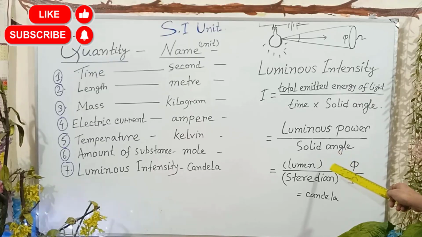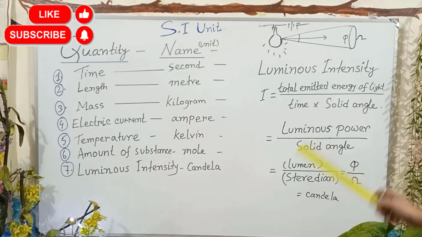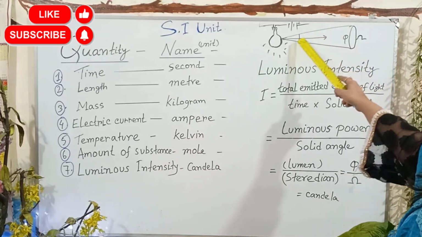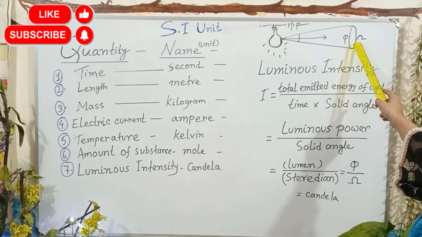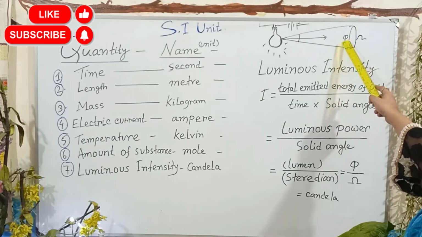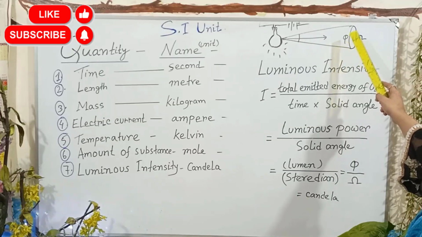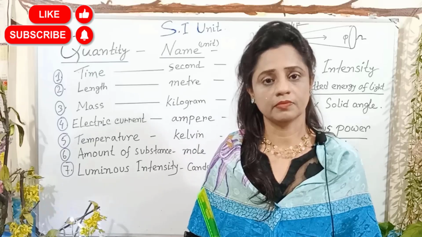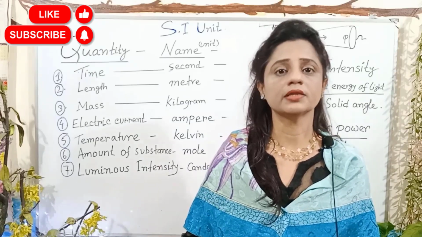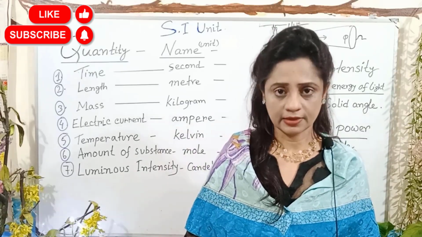Lumen is denoted by phi, and steradian is denoted by omega, and lumen per steradian is candela. That is the unit of luminous intensity. Here it is the luminous power per unit of solid angle. So we can get the point of what luminous intensity is.